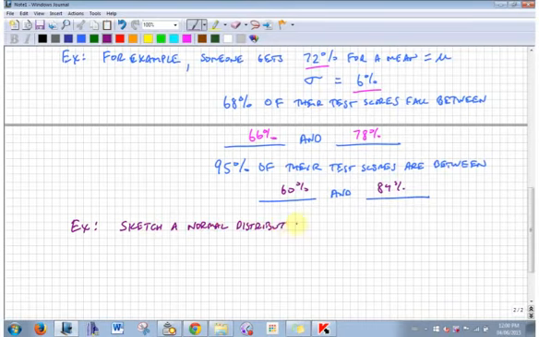Sketch a normal distribution for, I can make a nicer sigma than that.